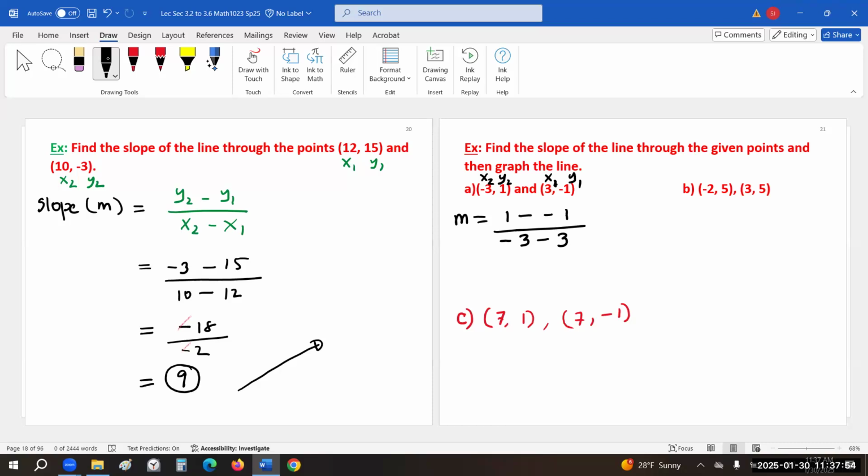Your X has to be together, your Y has to be together. So what is 1 minus -1? What happens to the double negative? It turns into positive. So you have 1 plus 1, which is 2. And on the bottom, what do you have? -3 minus 3.